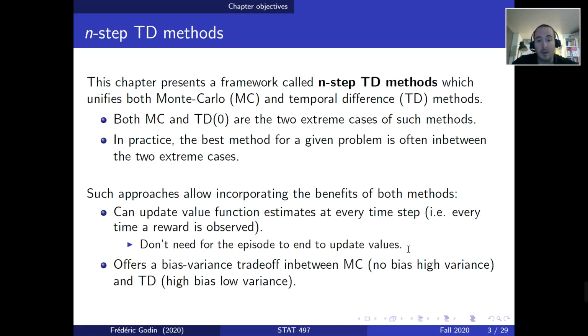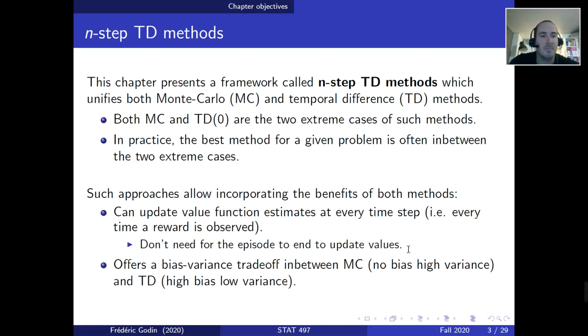Furthermore, these methods allow reducing the bias which was embedded in the TD method. If you remember in chapter 6, we said that TD includes some bias because the expected value of the target is not exactly the value function, because we use what we call bootstrapping.